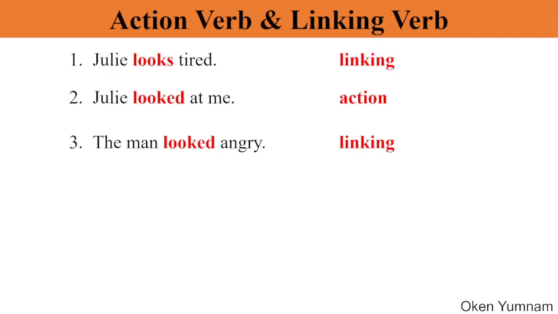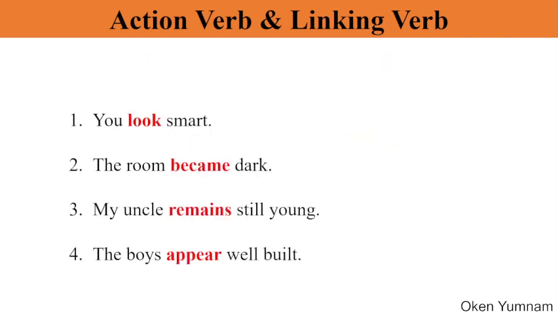So how do we decide whether a verb is an action verb or a linking verb? Very easily. Let's see whether we can change the verb with a be verb. Okay. You look smart. Let's see whether we can change this with a be verb, meaning an appropriate form of the verb to be. So you look smart. You are smart.